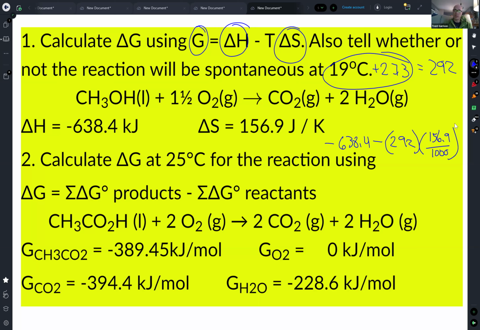So I'm going to do 292 times 156.9 divided by 1,000. And then we're going to make that a negative value. So that's negative 45.8.